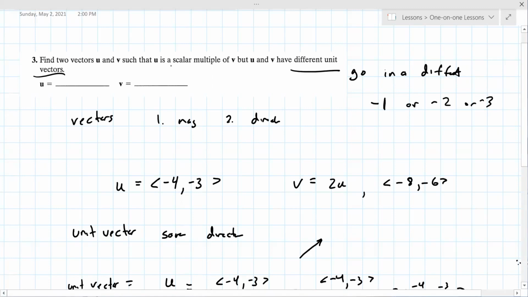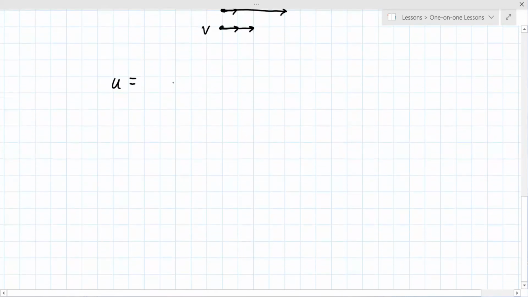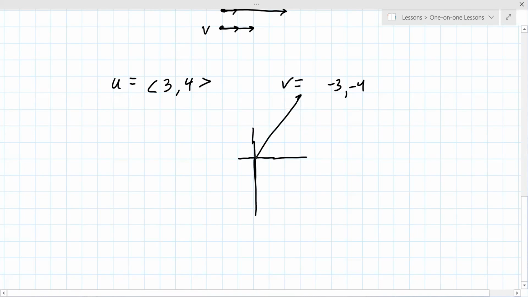So because it's a scalar multiple, let's say like we just said here, and we won't do all the calculations again, but let's say u is 3 comma 4. If v is -3, -4, if we just draw this right here, here is 3, 4, and then here's -3, -4.